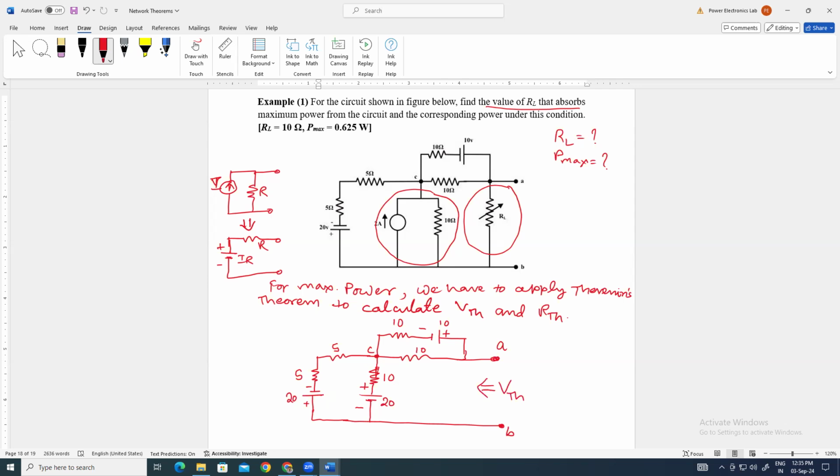So how can we solve this circuit to calculate the value of VTH?